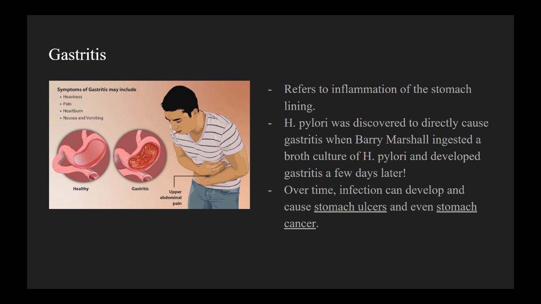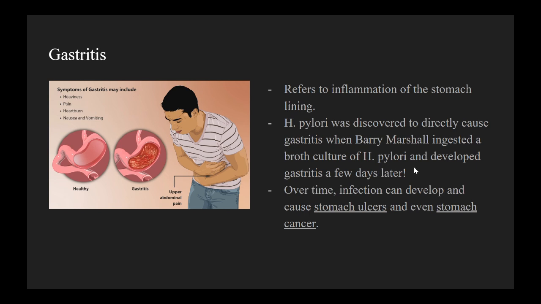And this is actually one of the most interesting stories I've heard in microbiology. H. pylori was discovered when this guy named Barry Marshall was trying to prove that this bacterium could cause gastritis in people. So what he did is he took a liquid culture of this bacterium, and he literally just drank it and then tracked his symptoms over the next few days.